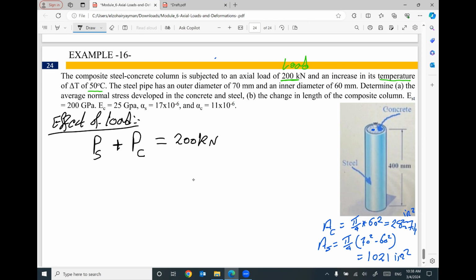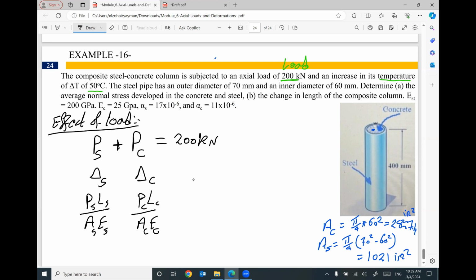That makes sense. The part shared by steel will cause axial deformation delta S, which equals PL over AE for steel. The part shared by concrete will cause delta concrete, PL divided by AE for concrete.